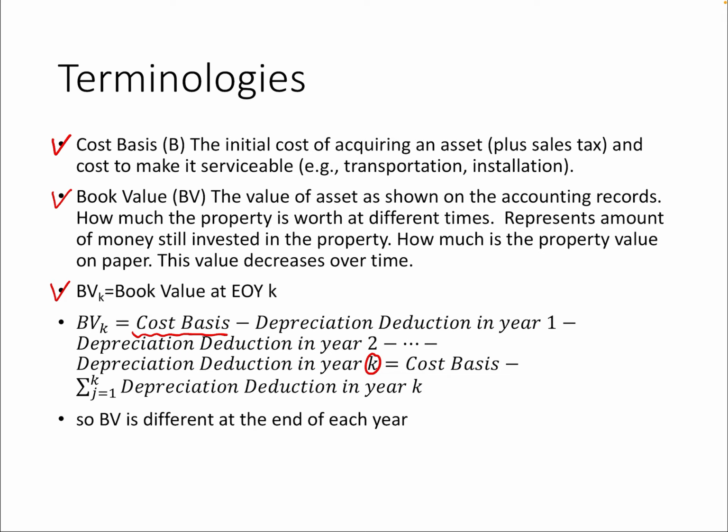Then you can have the BVK. That's your book value of that property at the end of the year K. Or you can say it's the cost basis minus the sum of the depreciation deduction in all the K years. That's the same. Okay? And so BV is different at the end of each year. Can you understand that? Because every year you have a little bit depreciation.